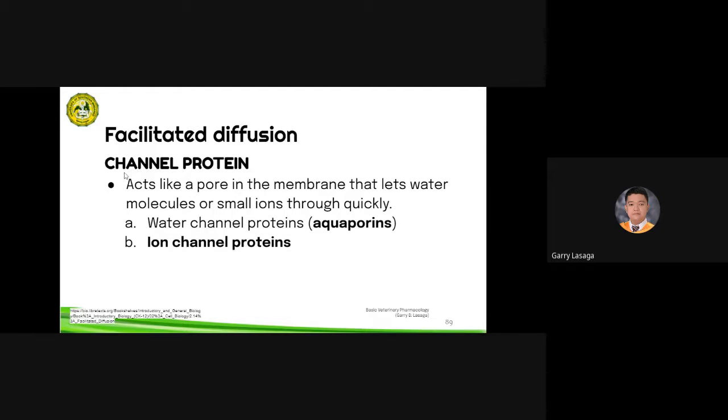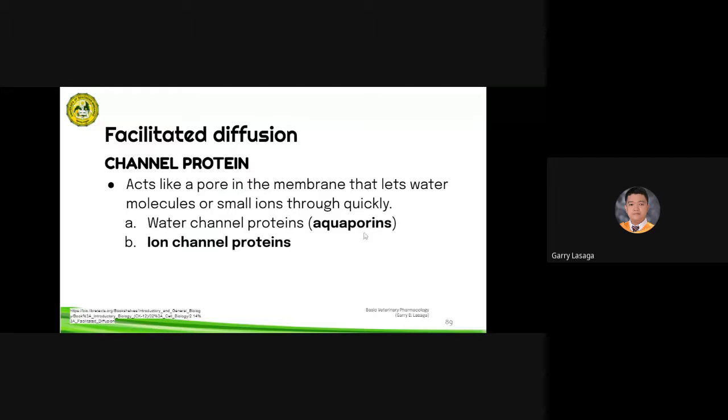When we say channel protein, this acts like a pore in the membrane. A pore is an outlet in the membrane that lets water molecules or small ions pass quickly through the membrane. Examples of a channel protein are aquaporins and ion channel proteins.